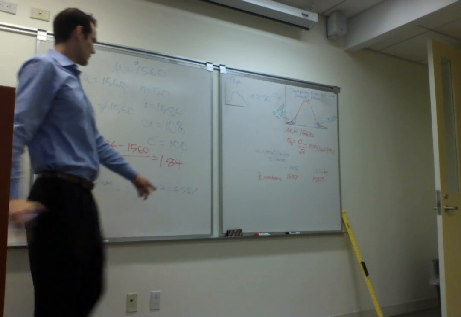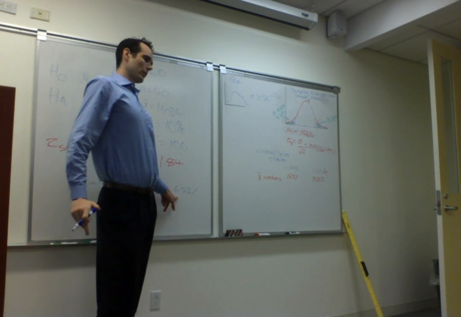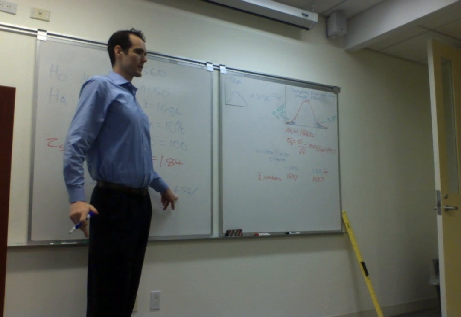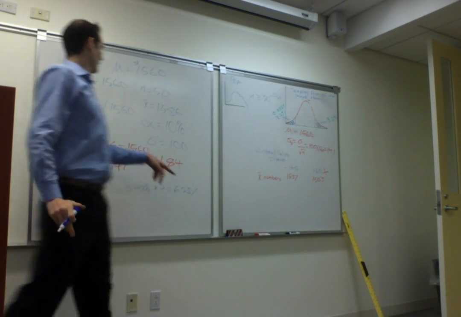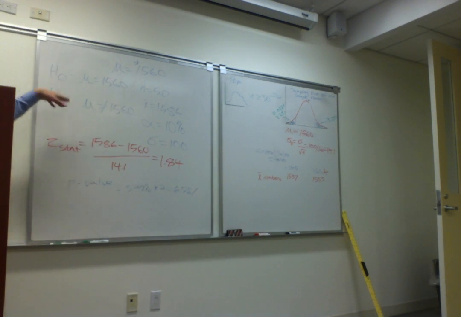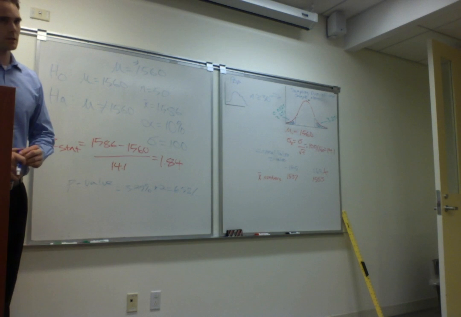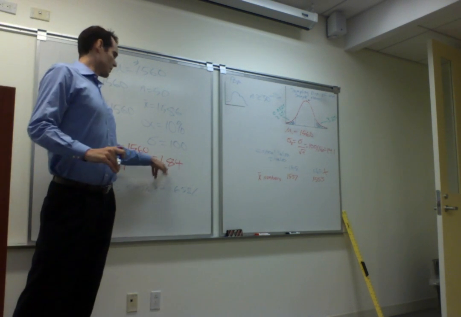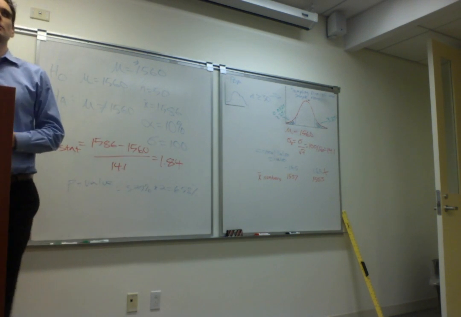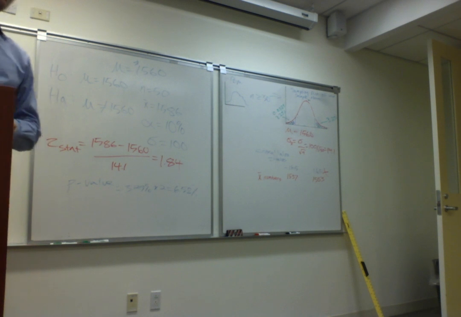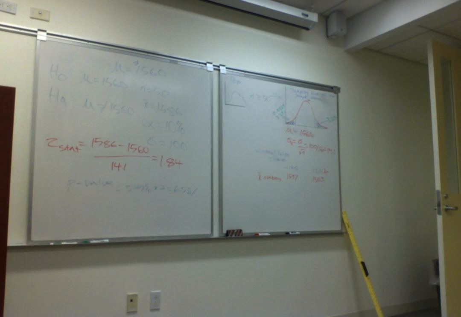So instead of just saying there's a 10% chance of getting something that extreme and incorrectly rejecting the null hypothesis, we can now say there's a 6.6% chance of getting something as extreme as we actually got. We define that as the p-value. The p-value for this sample mean is 6.6%.